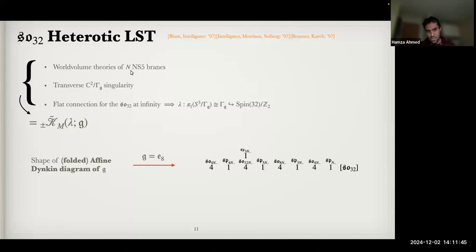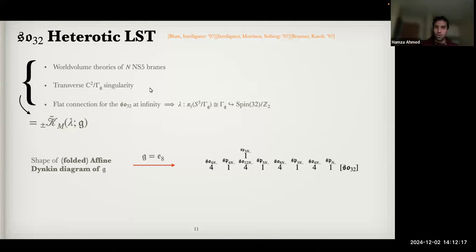Another thing to note is that in this case the number of NS5 branes is encoded in the ranks of these gauge algebras. So these go as n, whereas in the E8 times E8 theory, it was the number of strings that you had on the quiver. Wait, sorry, I think I confused myself. So you're putting n NS5 branes on the singularity, or these are two different cases?